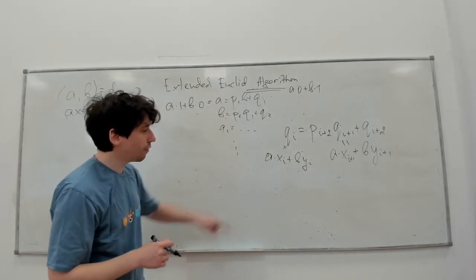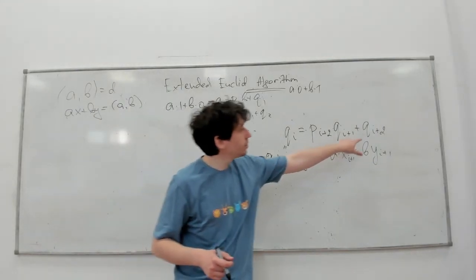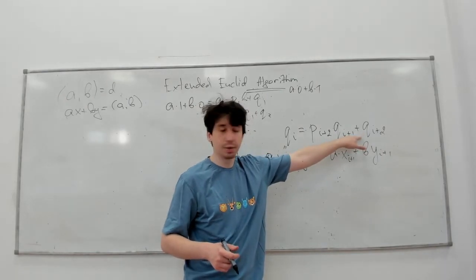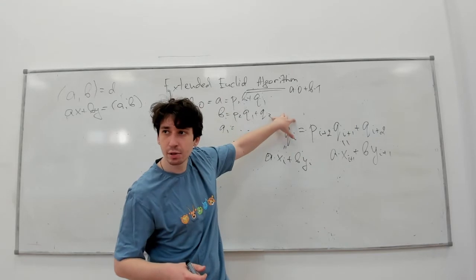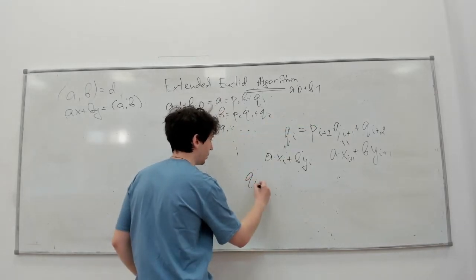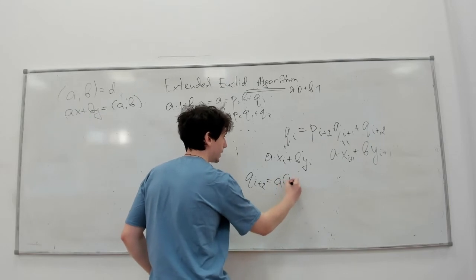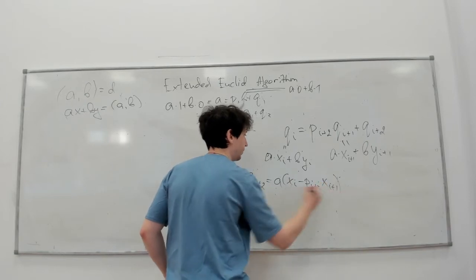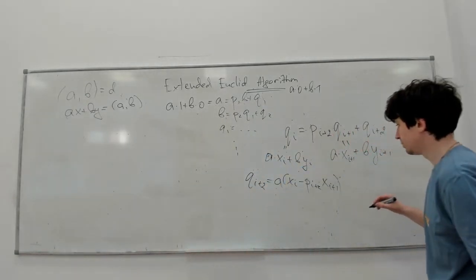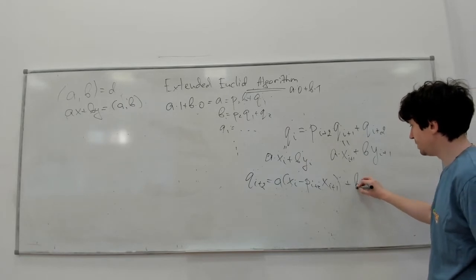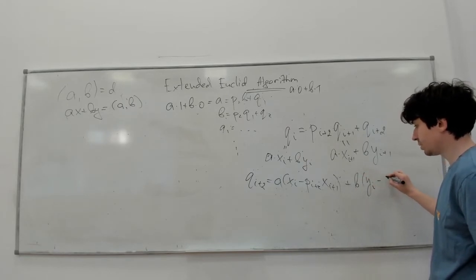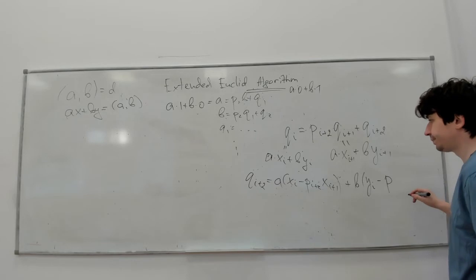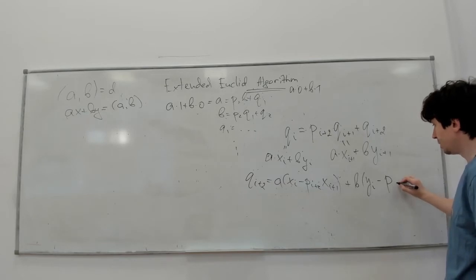Then you can get the representation for Qi plus 2, because if you move everything from the right to the left, you get: Qi plus 2 equals A times (xi minus Pi plus 2 times xi plus 1) plus B times (yi minus Pi plus 2 times yi plus 1).